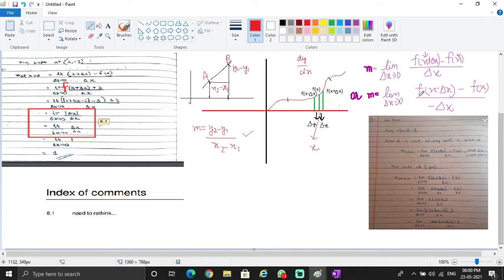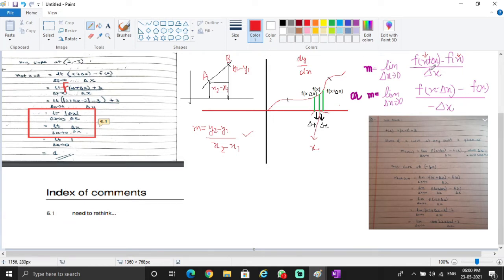And if the neighborhood point is towards the left side, then the slope is given by this minus this over this minus this. Now this point is x minus delta x and this is x, so x minus delta x minus x is this one. So this is how the slope is given towards the right and this one towards the left.